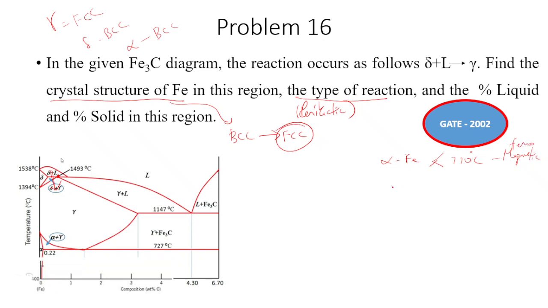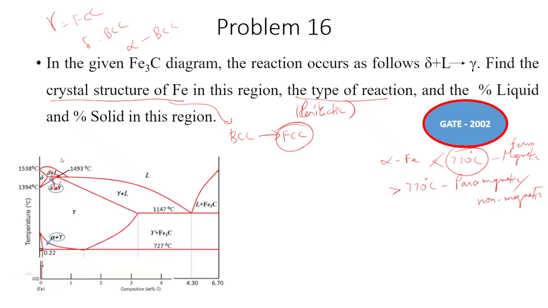Ferromagnetic or magnetic, both are same. Above 770 degrees, it becomes paramagnetic or non-magnetic. So the magnetic property of iron only extends till 770 degrees centigrade.